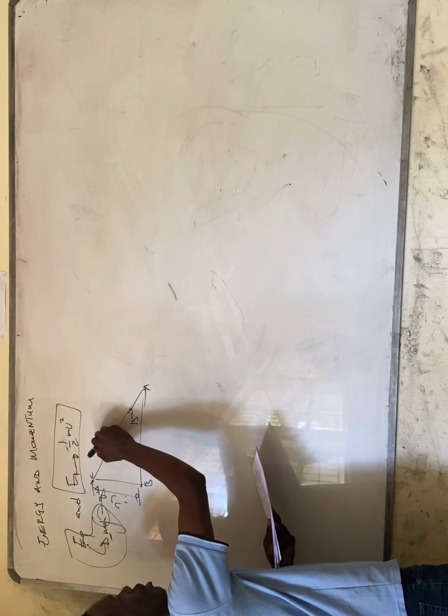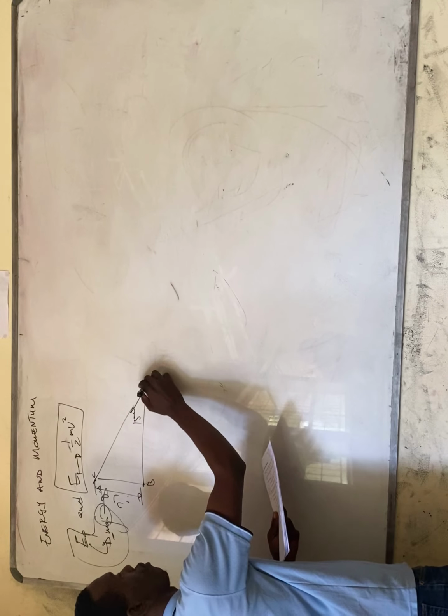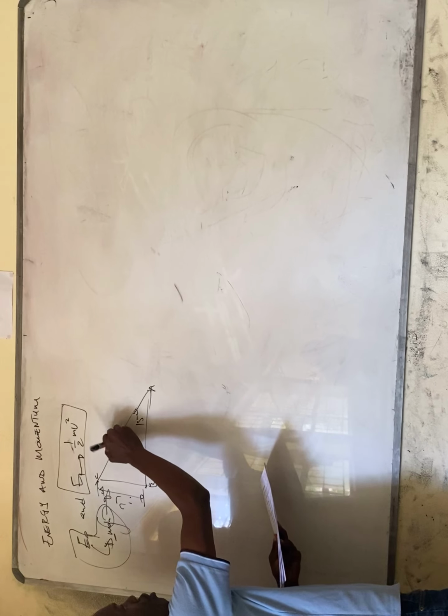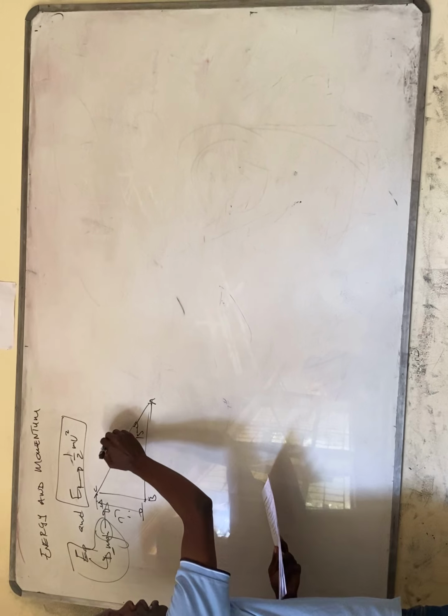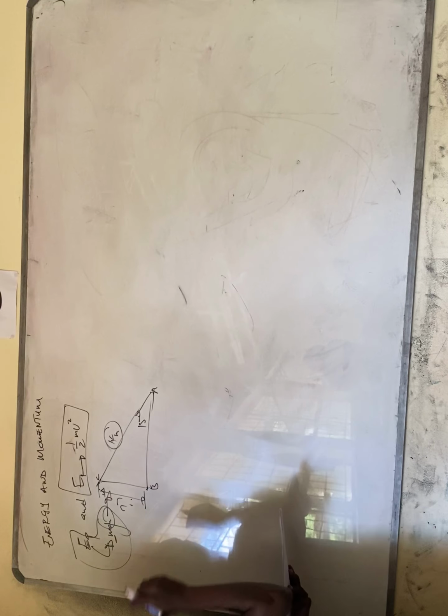And for this one, I'm going to find a mass or a distance from A to C. Meaning maybe it can be 15 meters. And if it is 15 meters, we'll calculate our BC.